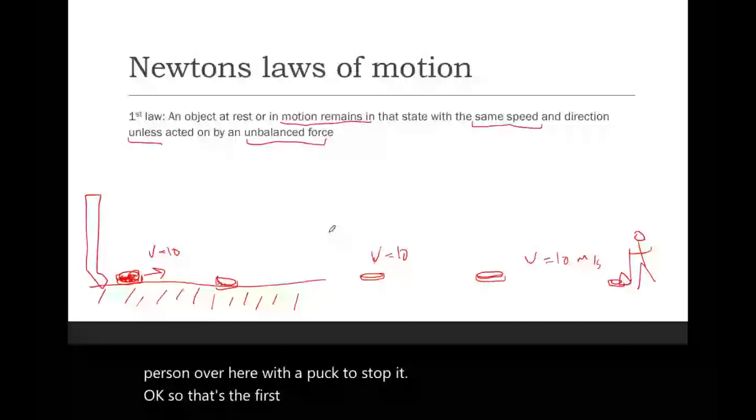So the sum of the forces, or you can write it as the net force. Those two notations are interchangeable. Just know that it means you're trying to add up all the forces and it's equal to 0. So this would be the mathematical expression that goes along with the first law.